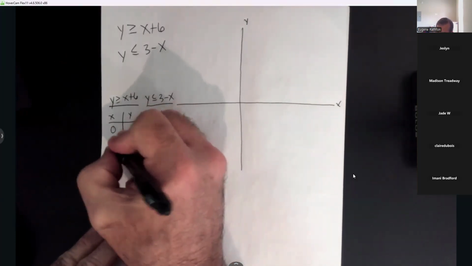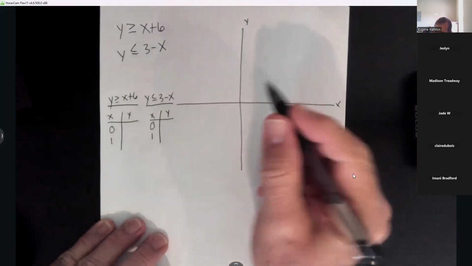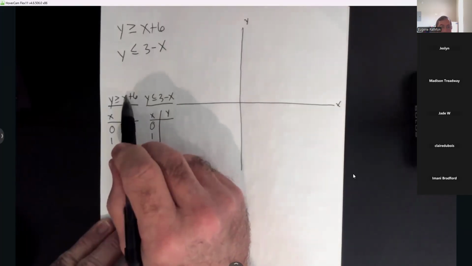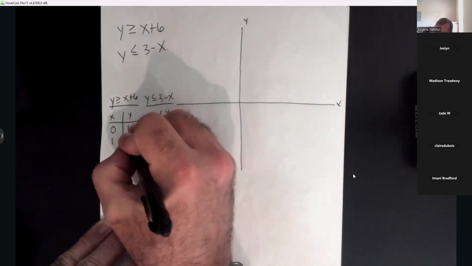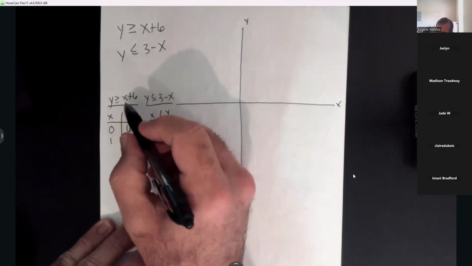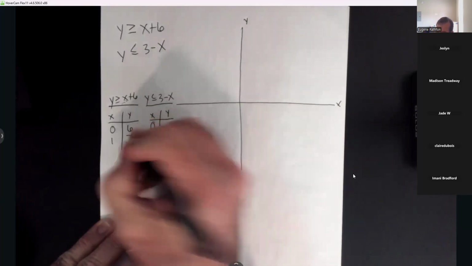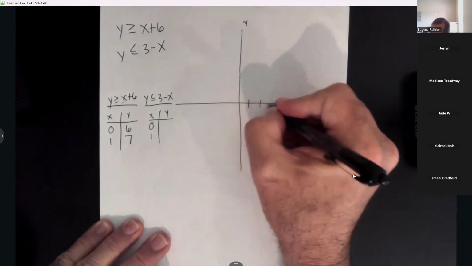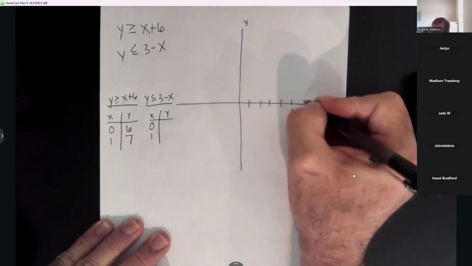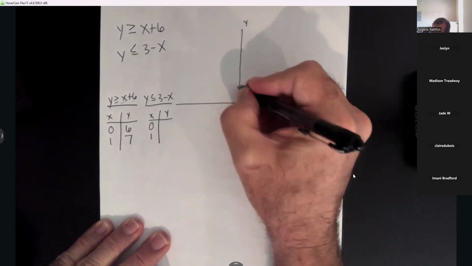All right, so I'm just going to use zeros and ones on all of these x's, okay? So if I put a 0 in here, 0 plus 6 is 6. If I put a 1 in here, 1 plus 6 is 7. So I'm just going to make this out about 7.